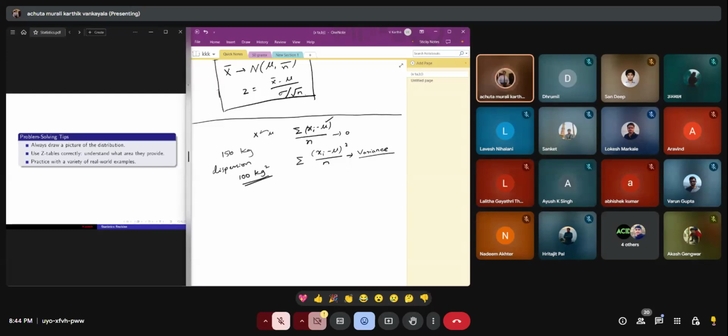What does this mean in real life? It is meaningless; it does not give us any idea of what kg square is. Instead, if we take the square root and talk about 10 kg as the dispersion, distributed around the mean like this, then that makes sense. That is one reason.